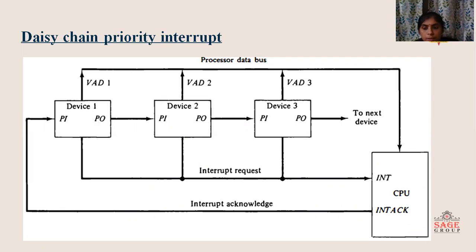If device 3 wants to communicate with the CPU, and device 1, device 2 and device 3 are connected in serial order, then in this situation the priority input will be 1 and priority output will be 0.